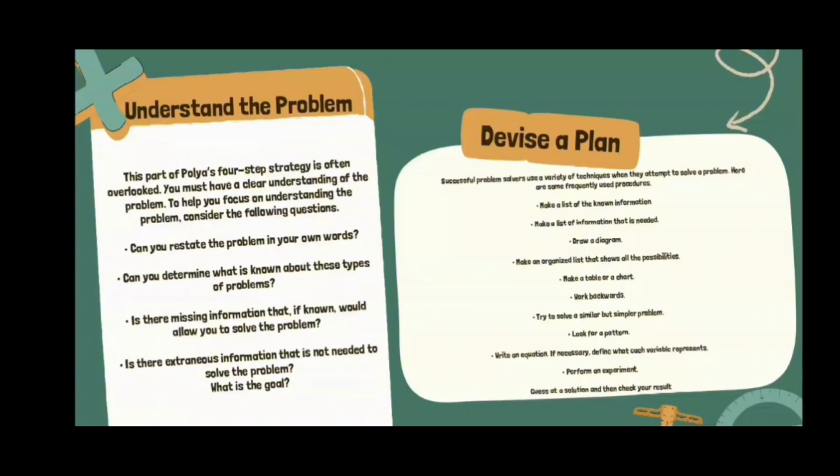Some useful techniques include: make a list of the known information, make a list of information that is needed, draw a diagram, make an organized list that shows all the possibilities, make a table or chart, work backwards, try to solve a similar but simpler problem, look for a pattern, write an equation. If necessary, define what each variable represents, perform an experiment, and guess at the solution and then check your result.